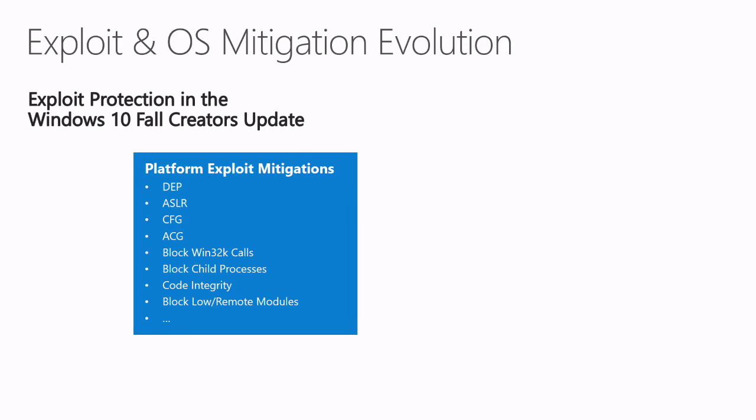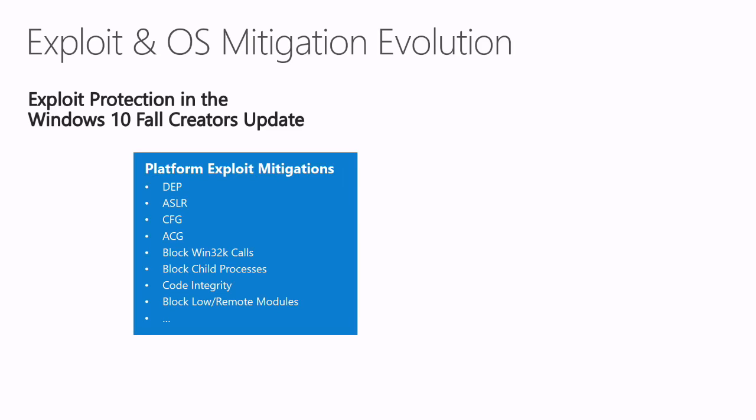So what we had in Windows 10 before the full Creators Update, as the result of a long evolution of security mitigations in Windows, is a whole bunch of platform mitigations that were available for you to use. Things like DEP to prevent you from executing data on the heap as if it's code, ASLR that randomizes where things are loaded in a program, CFG, ACG, all of these low-level mitigations that could be turned on.